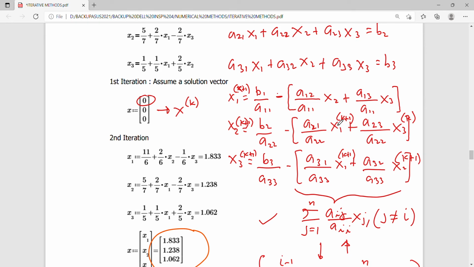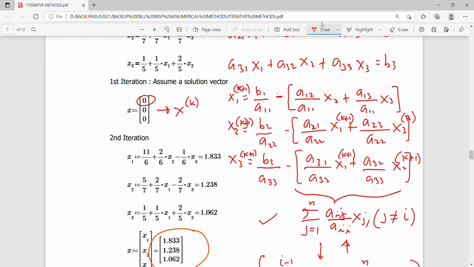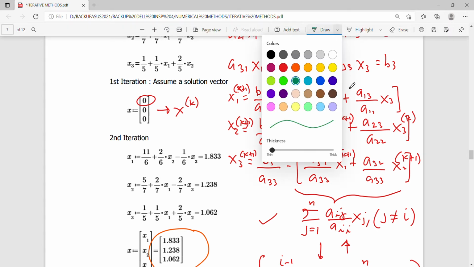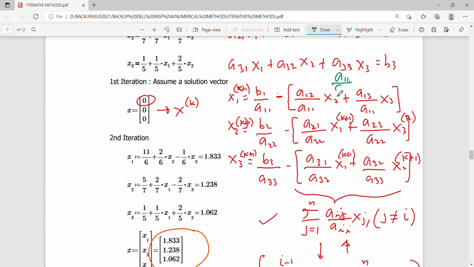Okay. So you will notice that a term inside a parenthesis which involves a summation series excludes one term where the J subscript is equal to the I subscript, meaning to say the term which is included in the summation series, specifically the A11 over A11 x1 term, was actually an exclusion of the summation formula.